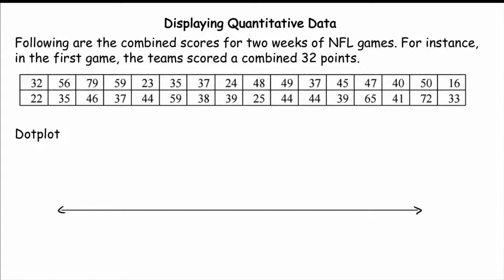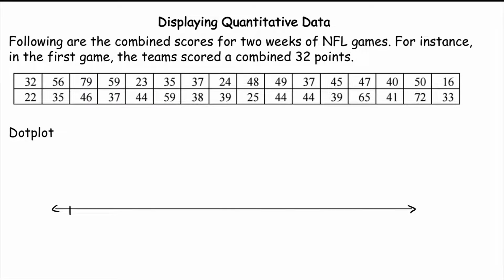It goes from 16 to 79. That's almost 80, so I'll probably go by 10s. That's personal choice. It's not anything that's right or wrong. Since I'm going by 10s, I'll probably start with 10 just to make it nice and round.